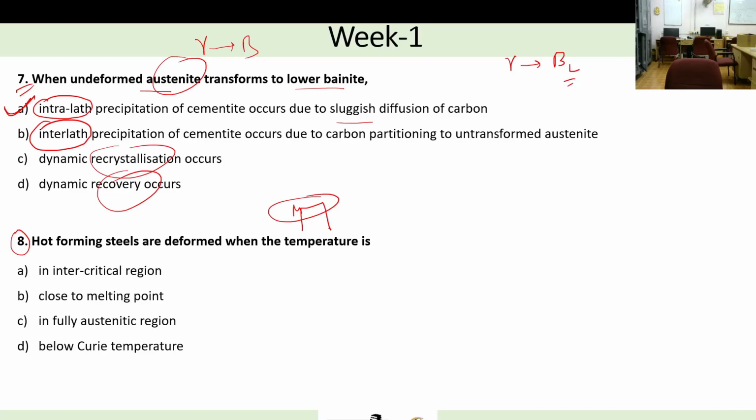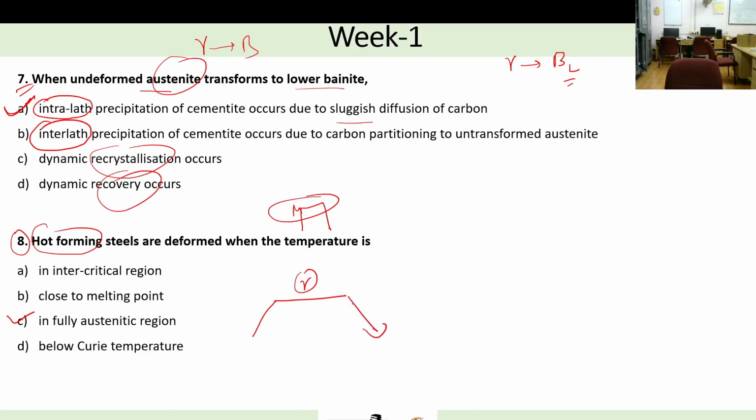Hot forming steels are deformed when the temperature is... Good. In hot forming steel, the name itself is telling, the right answer is C only. We heat it to a region where we have austenite, and we do the forming in the austenitic region only, and then we cool it.